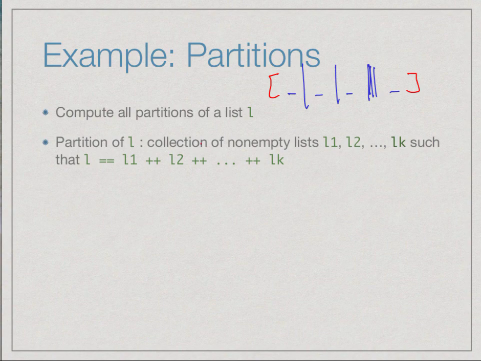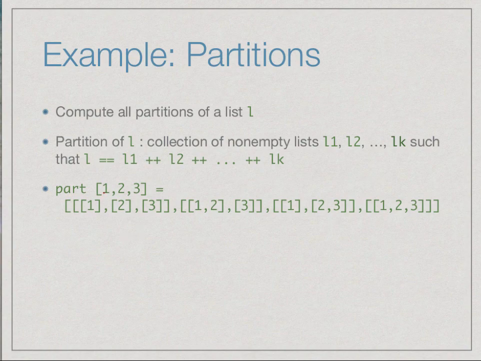Whereas if I insist that each of the partitions is non-empty, then each partition can be represented in a unique way. So I want to partition L into L1 to Lk such that L is the same as L1 concatenated with L2 concatenated with L3 up to Lk. Okay, so if we take 1, 2, 3, then the first way we can partition it is to put 2 partitions.